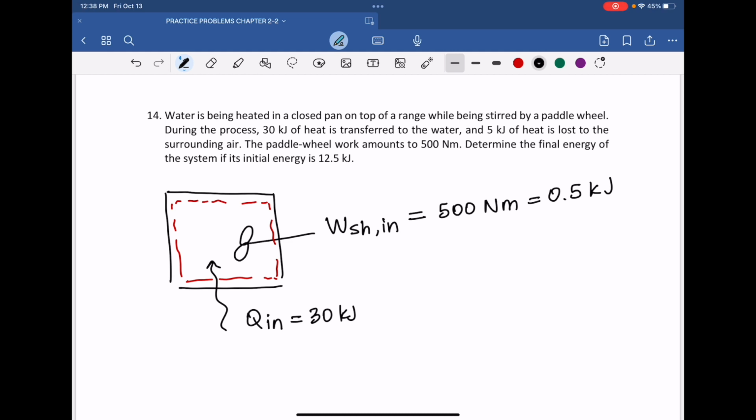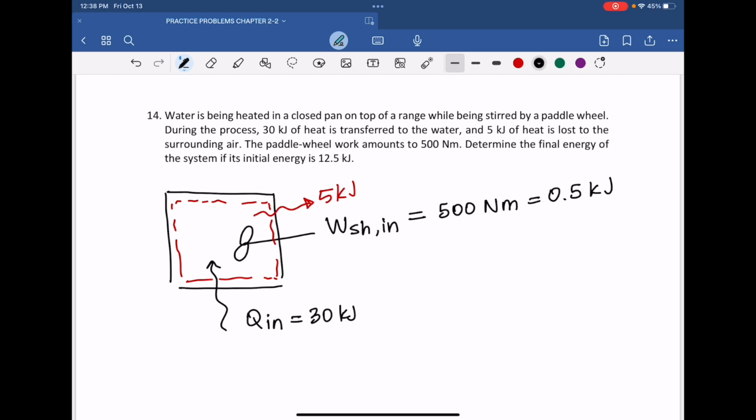And another type of energy interaction is also heat. They say 30 kilojoule is getting in, but 5 kilojoule is getting out. Okay, let's sketch that too. The paddle work amounts to 500, we said that, and determine the final energy of the system.